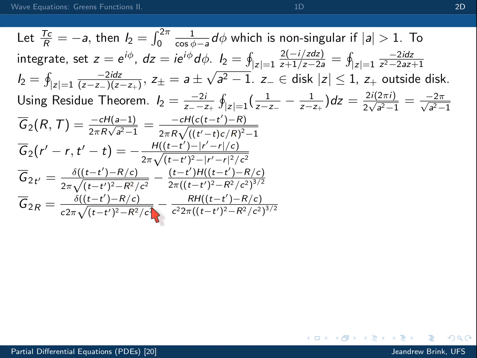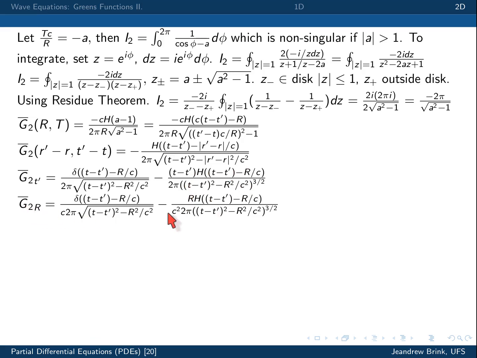If we take the derivative with respect to r of this square root underneath here, we get additional factors inside. So what we have here is basically the same type of divergent term with a step function above. We're going to eliminate this divergent term by substituting in its definition using the derivative of g2 with respect to r.